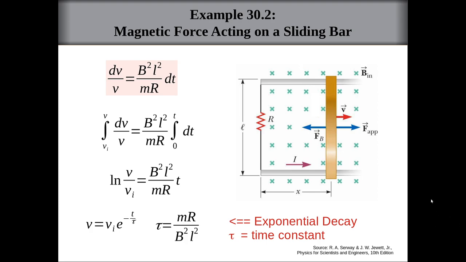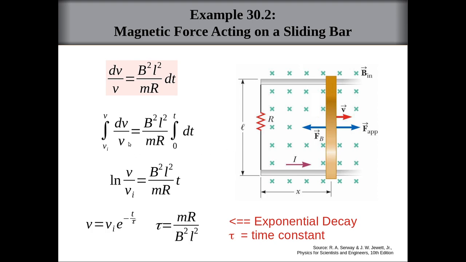So now we would like to know the velocity. So we have to do an integration on both sides. Integration on the velocity is from the initial velocity to the final velocity, and from time 0 to final time.